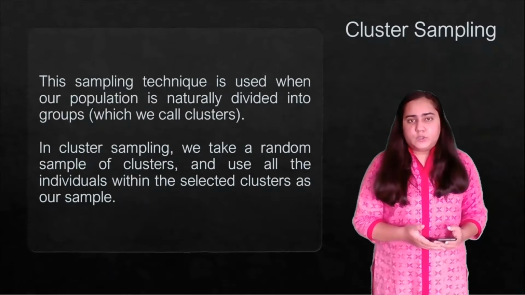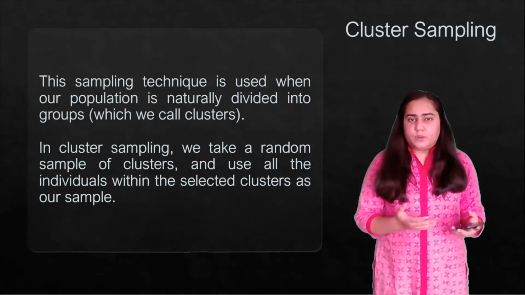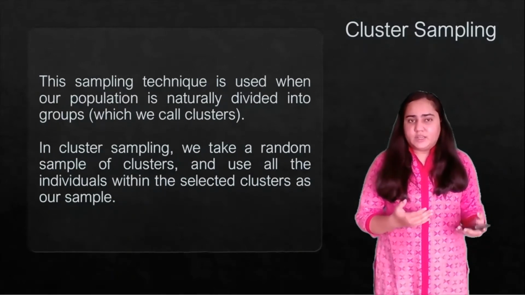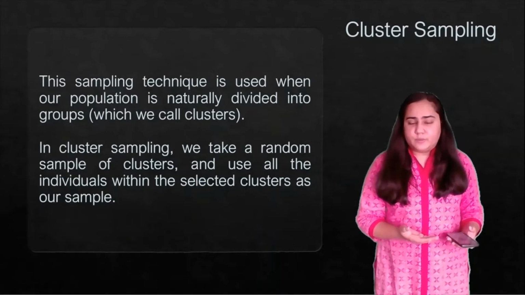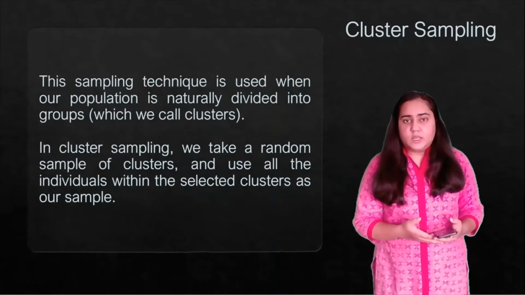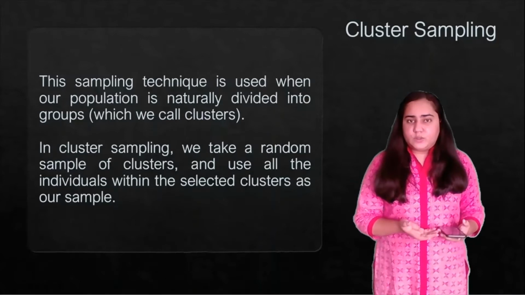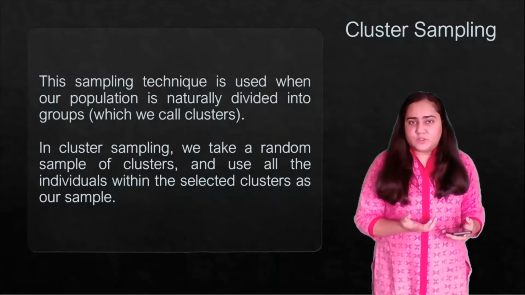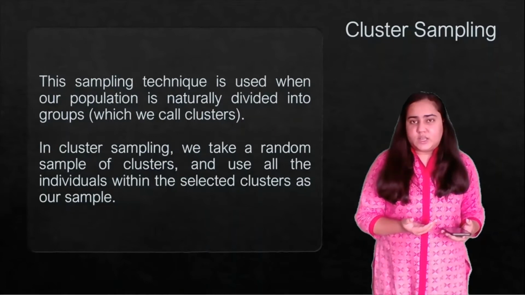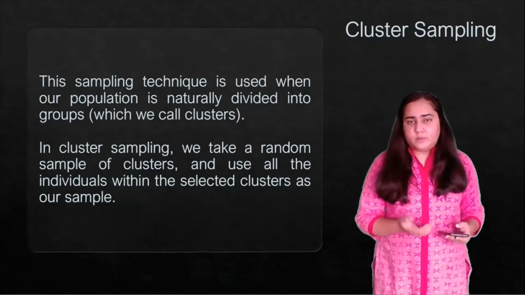The next type of sampling we have is a cluster sampling. So in this technique, your population would be already naturally divided into groups, which we would be calling clusters. And that's why what you will do is take random samples of clusters and then use all the individuals within the selected clusters as a sample. Let me tell you that with an example.